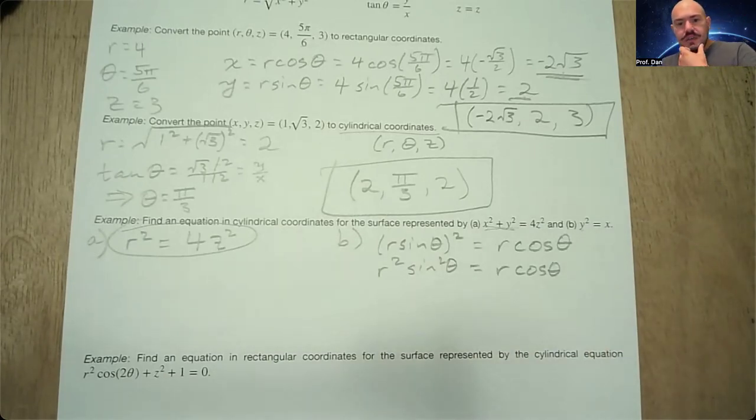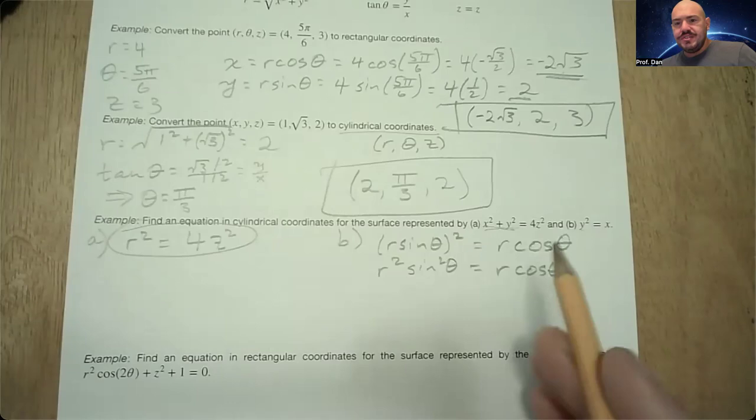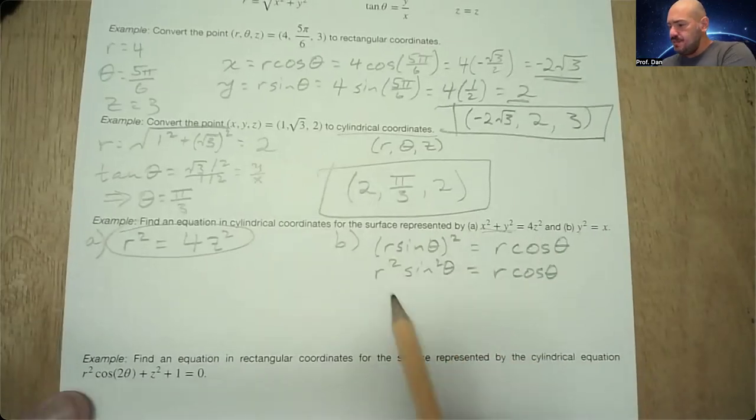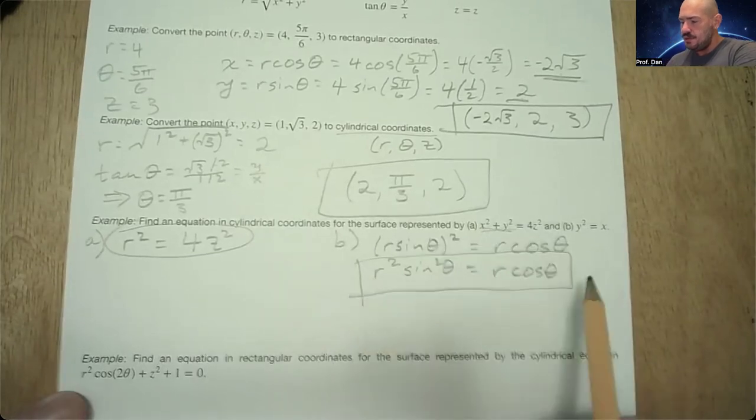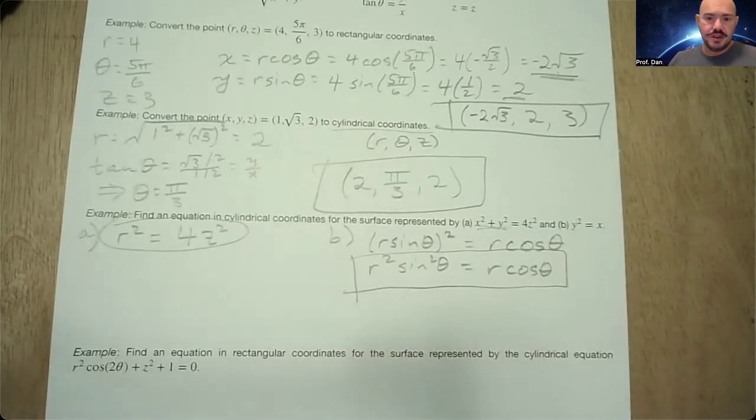But there are a number of ways that you can rearrange a lot of these. The point, though, for this is to be able to get it to something that only involves r, theta, and z, right? And it could be missing one of those, but it doesn't involve x or y.